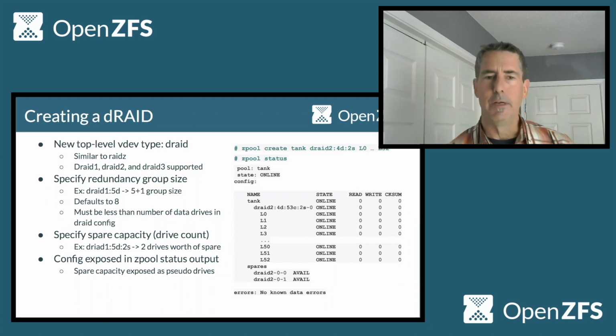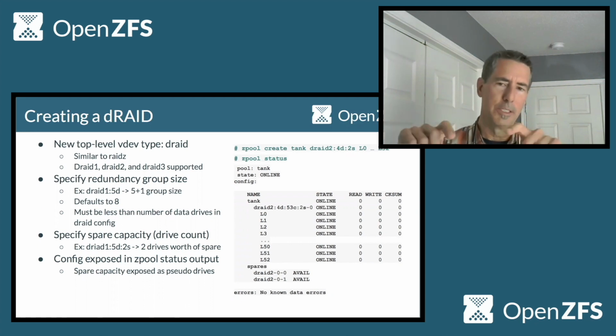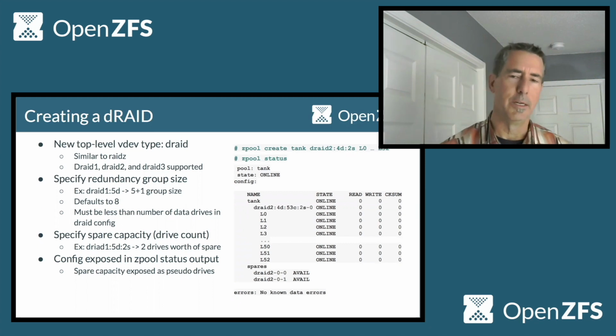We now expose, in the status, as much as we can of the actual configuration. Because the groups are now pseudo groups within the config, there's no easy way to say, all right, these 4 drives belong to this group and these 4 drives belong to this group, as you would see in a RAID-Z.